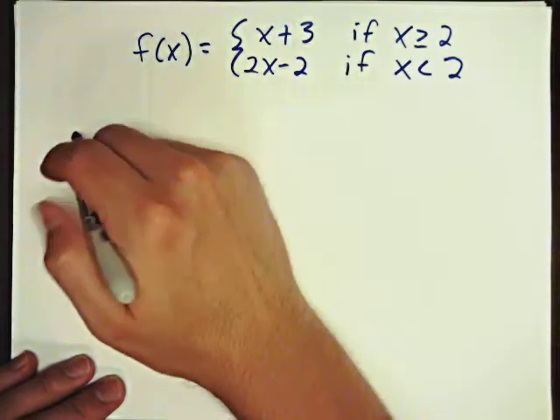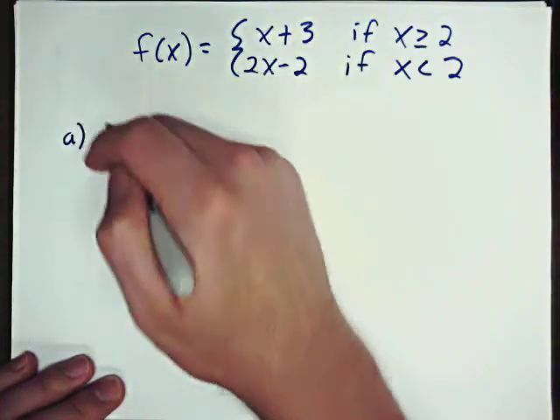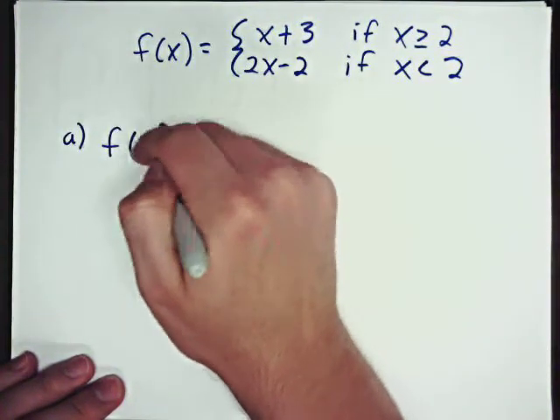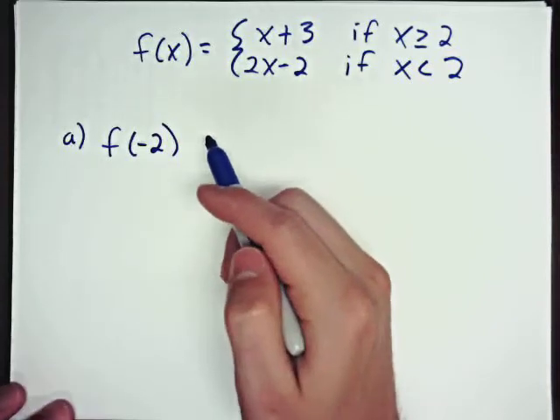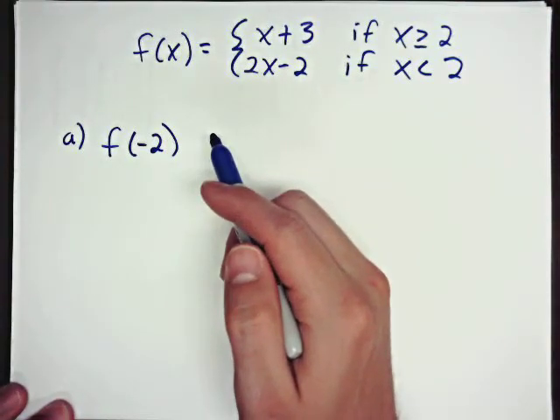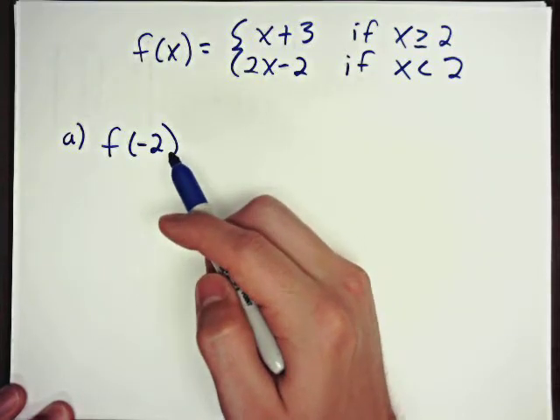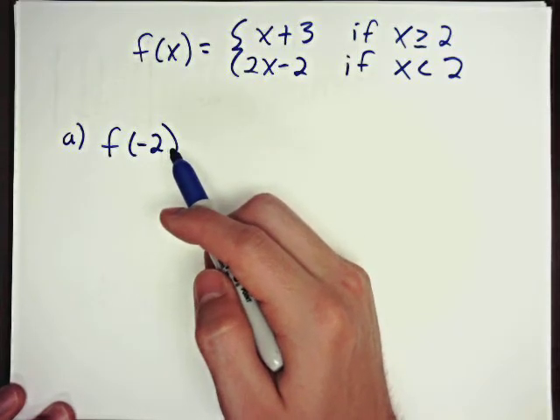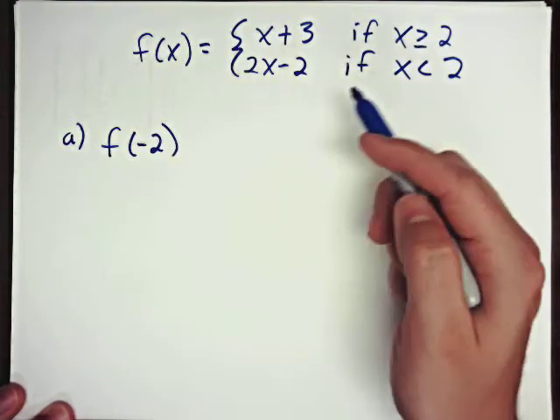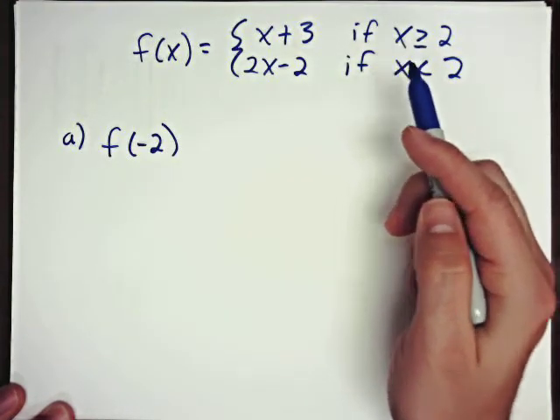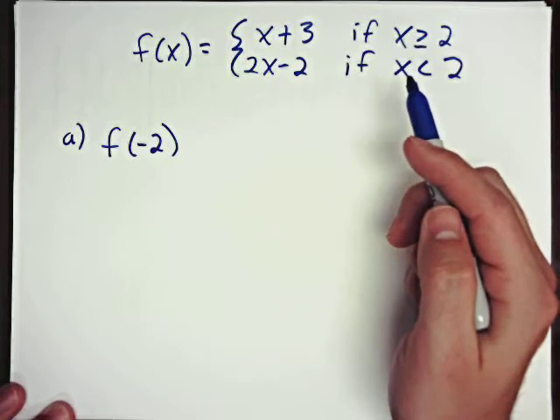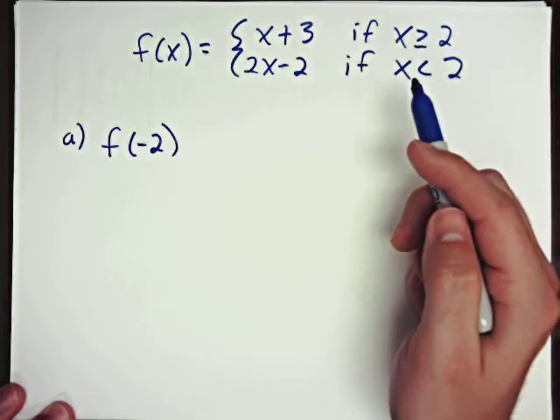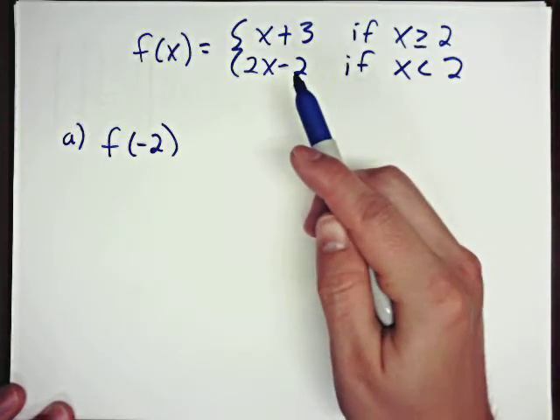So part A, find f of negative 2. So the first thing to do when evaluating a piecewise function is decide which equation is appropriate to be used. So you take your x value, negative 2, and you see which of these inequalities it appropriately fits into. Okay, well, negative 2 is less than 2, so we want to use this second equation.